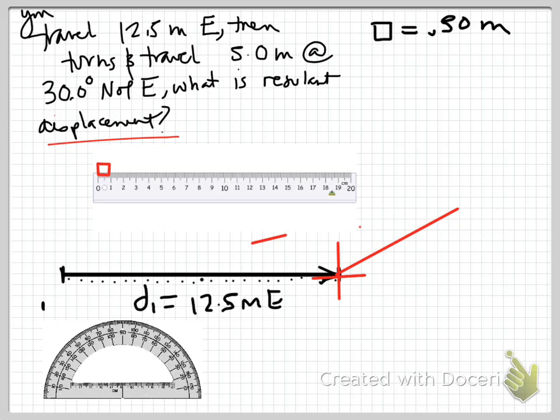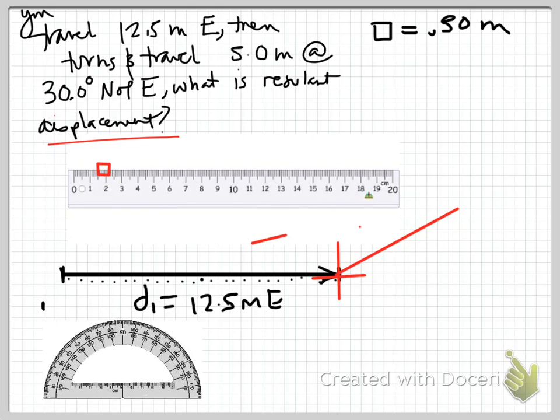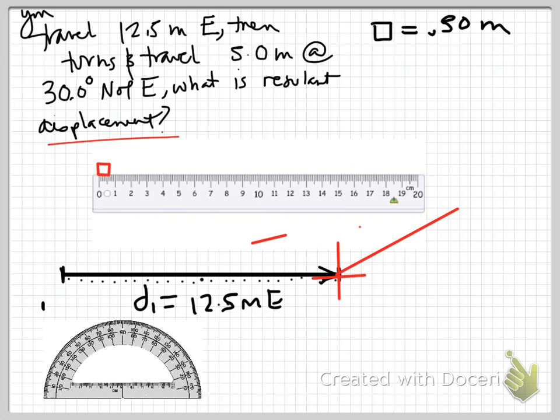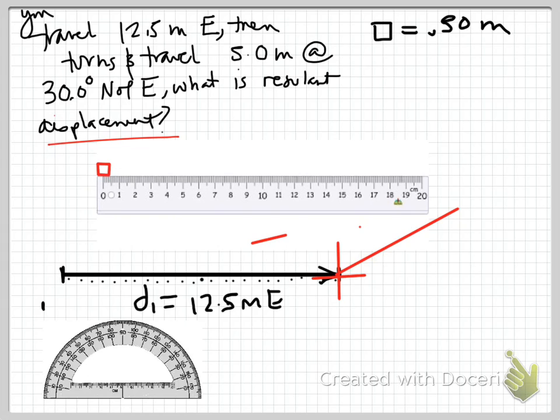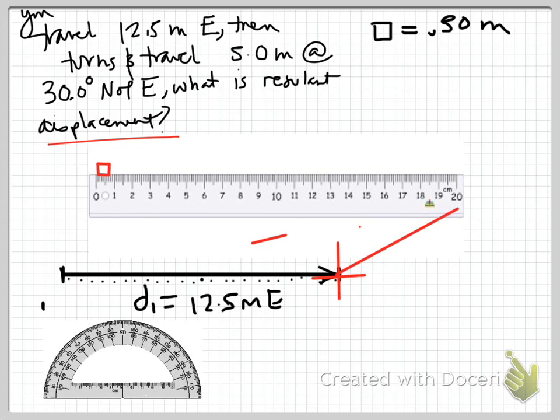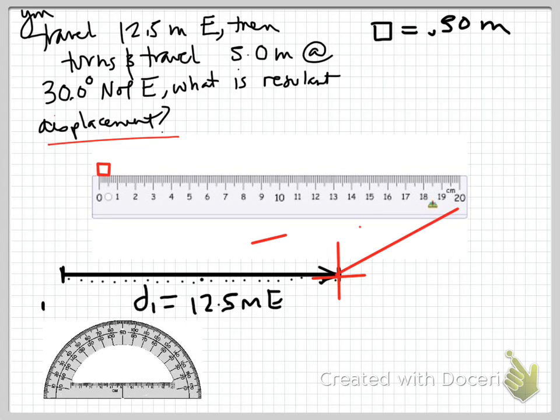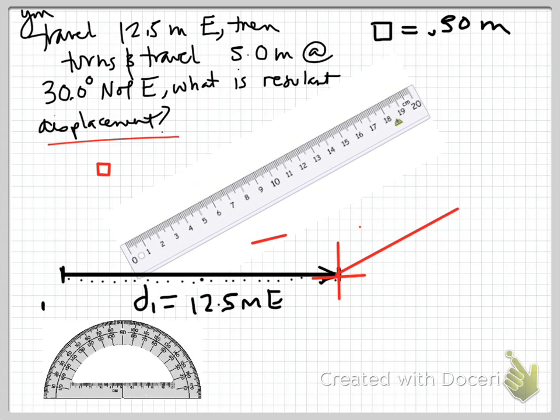So let's scale this ruler up a little bit. Okay. At this point, a half centimeter on my ruler is equal to the distance of a block. So I'm going to try really, really hard not to change it. I just changed it, didn't I? Sure did.